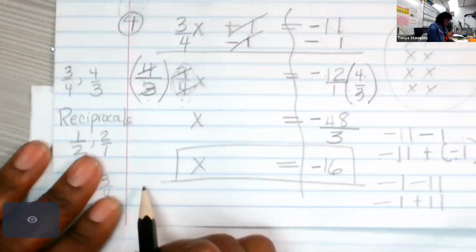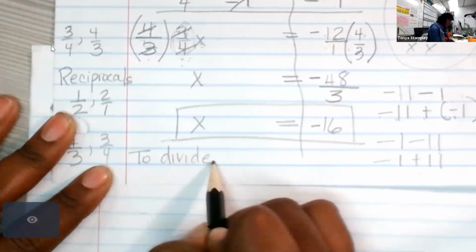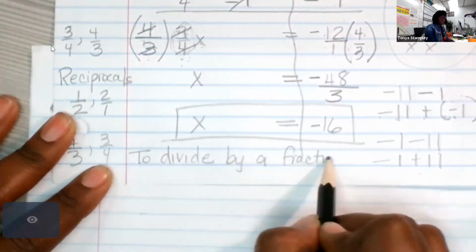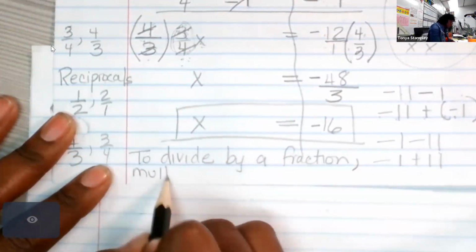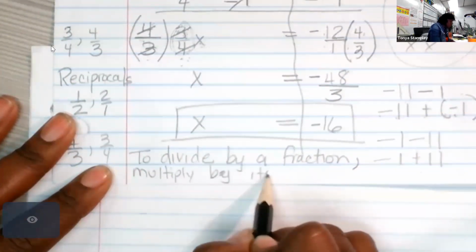To divide by a fraction, multiply by its reciprocal.